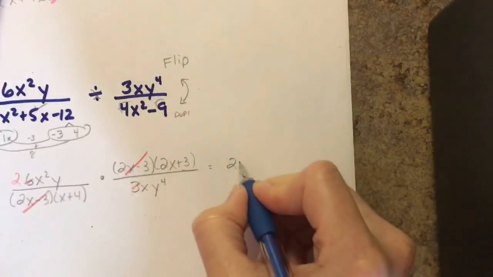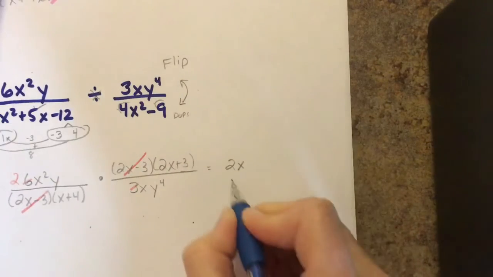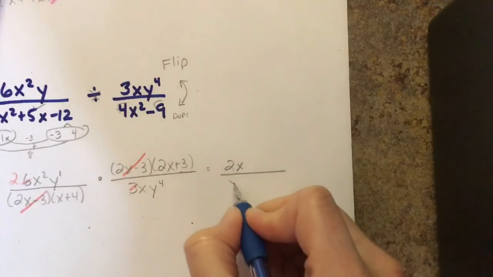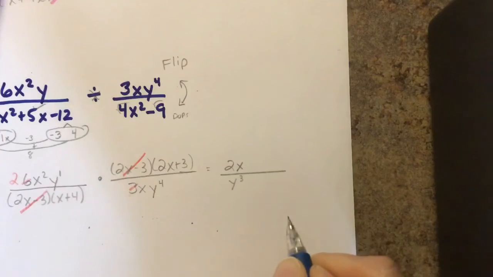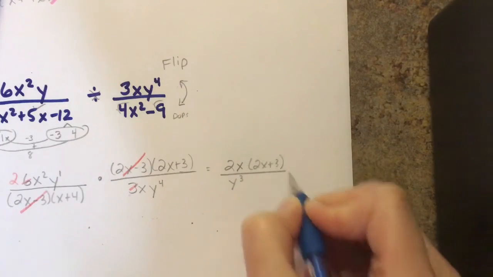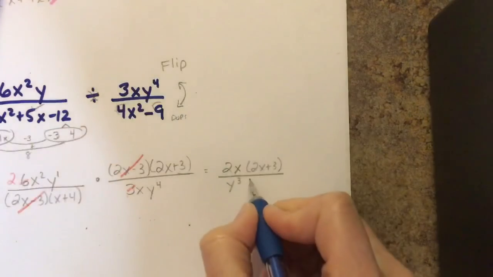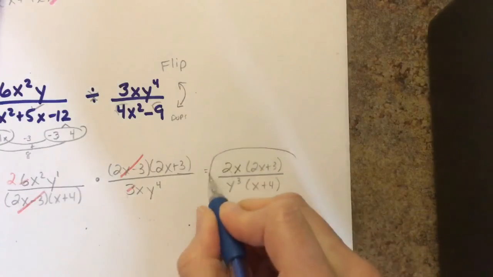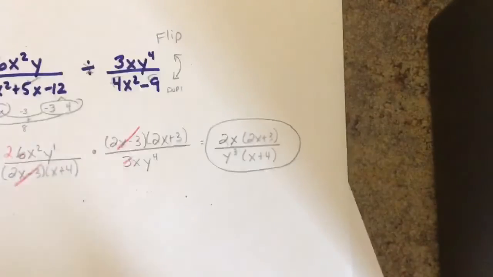Subtract your exponents, 1x on the top. How about the denominator? 1 minus 4y cubed in the denominator. Then 2x plus 3 up top, and x plus 4 in the denominator. Final answer.